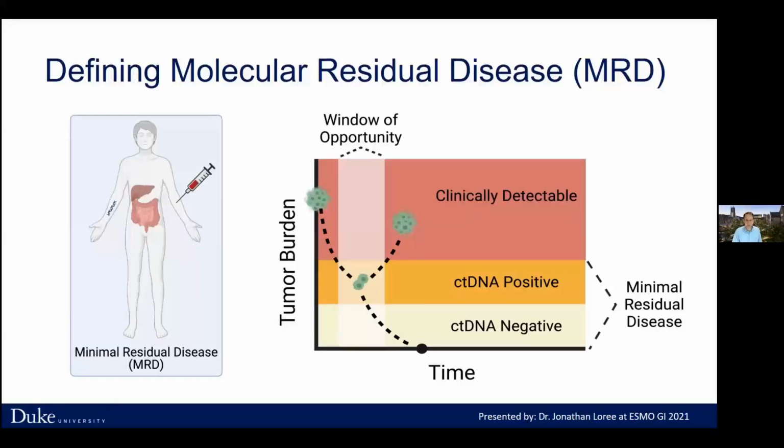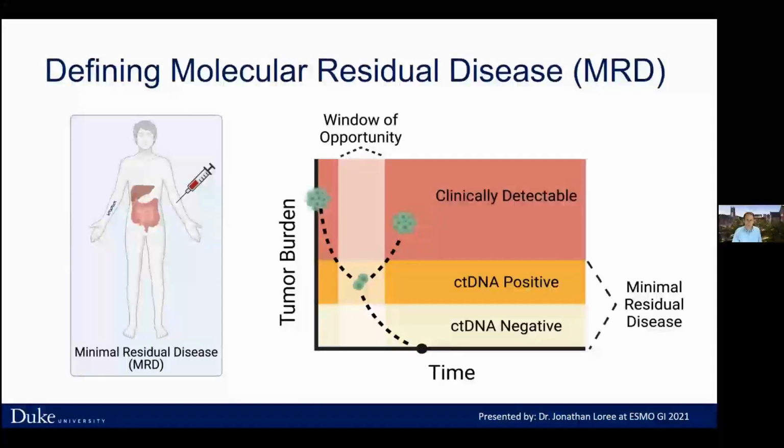And there could potentially be a window of opportunity to intervene early or change how you manage that patient based on that result before it becomes clinically detectable, so that you could potentially drive that DNA down to undetectable levels again and the tumor never recurs. So that is the basic idea here.